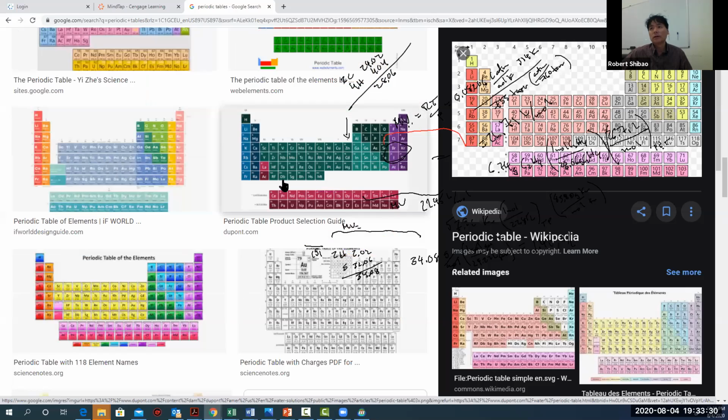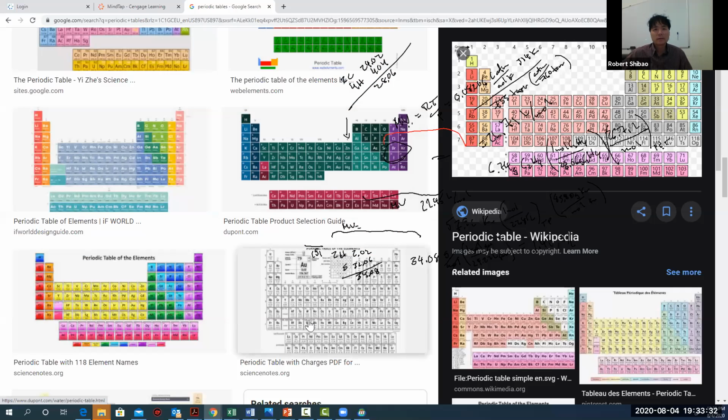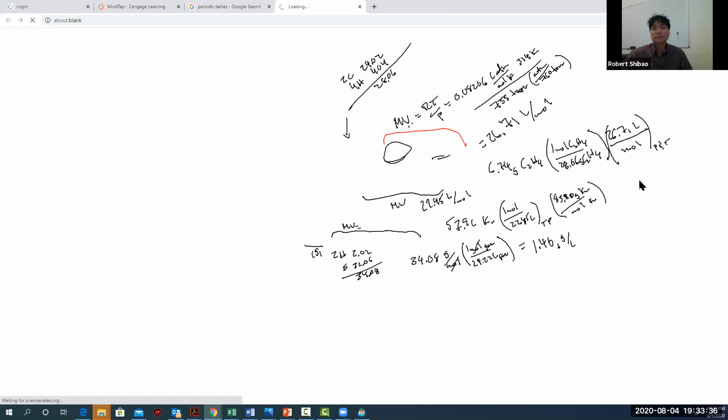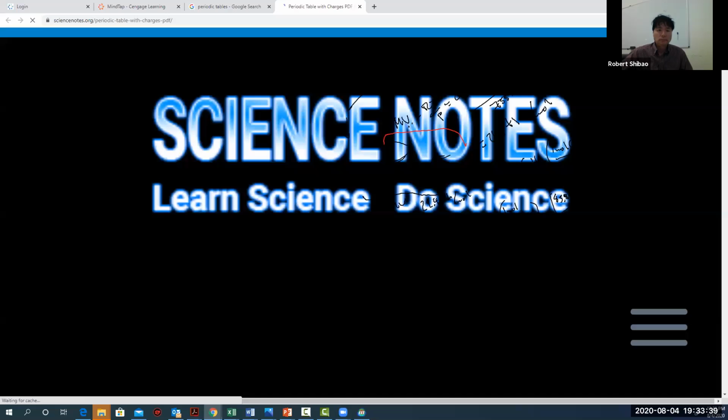Let's try DuPont. No, it's not good either. Well, this is an interesting periodic table. Oh, this isn't an interesting periodic table.